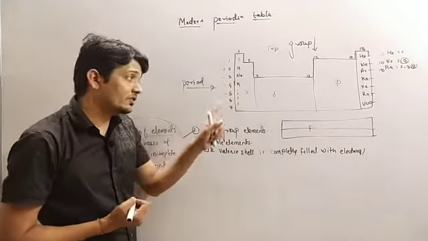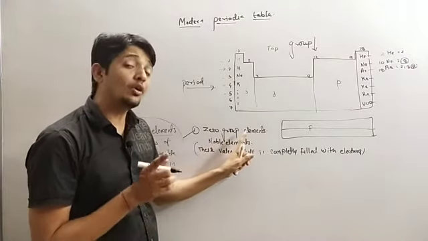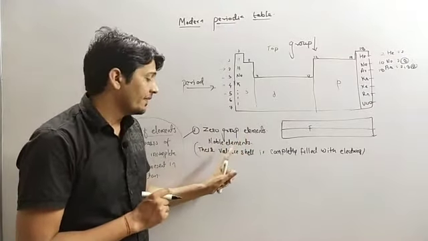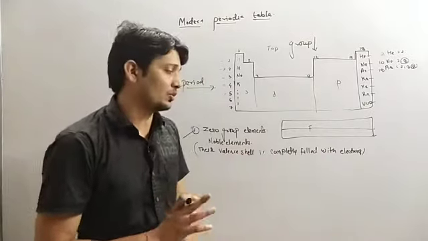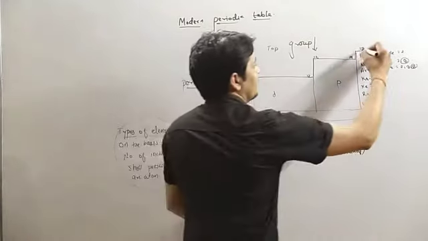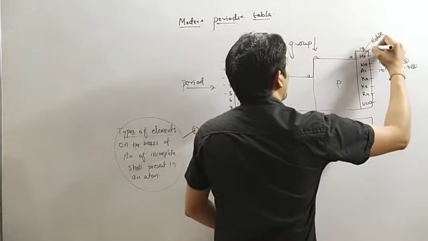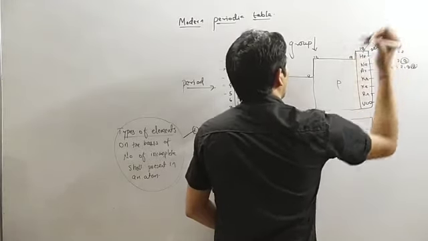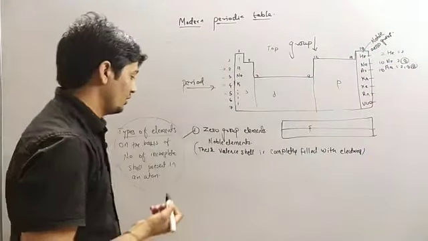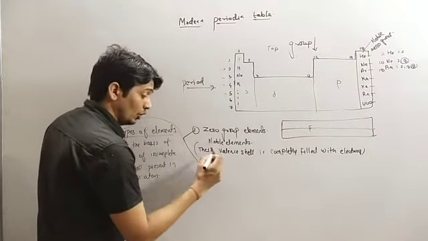So elements of group 18 are called zero group elements or noble elements because their outermost shell is completely filled with electrons. That means these elements are noble, or you can say zero group elements. Okay. Now the second type is normal elements.